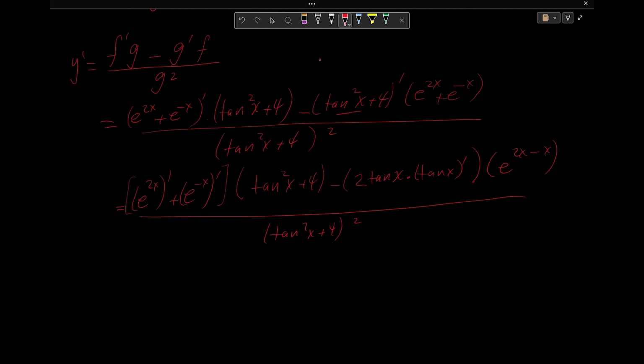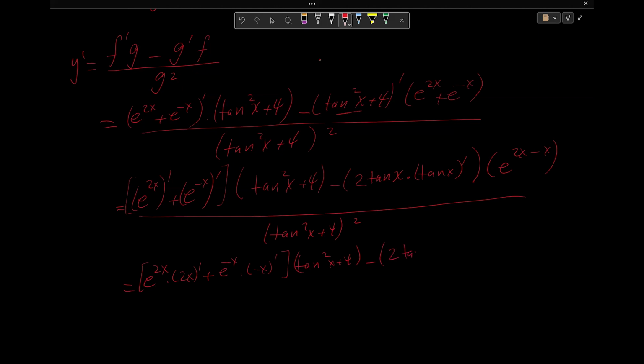Now what's the derivative of e to the 2x? Again, chain rule. The derivative of e to the 2x is itself times the derivative of its power, plus the derivative of e to the negative x is itself times the derivative of its power, or the exponent on it. And here we have tangent squared x plus 4 minus, here what do we have? 2 tangent x times the derivative of the tangent.